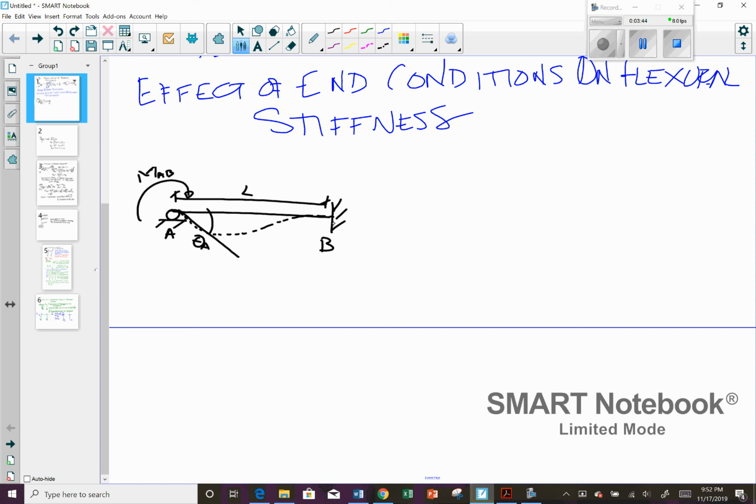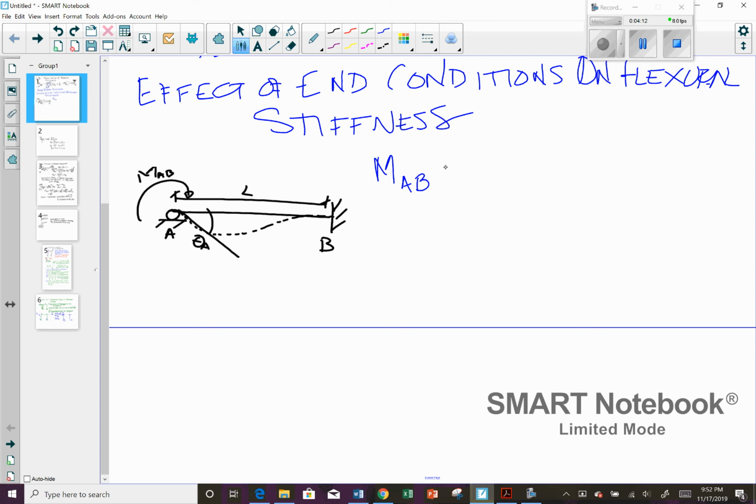What we want to do is determine the absolute flexural stiffness, the absolute stiffness at this joint and at this joint. This joint's going to be easy, right? Because we know what the rotation is. But we want to figure out what is the MAB, the moment equation for this configuration. So the moment here.